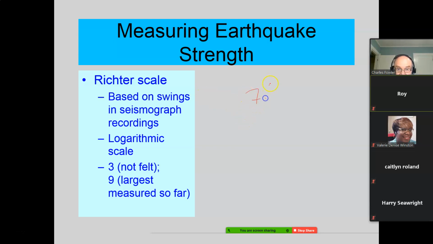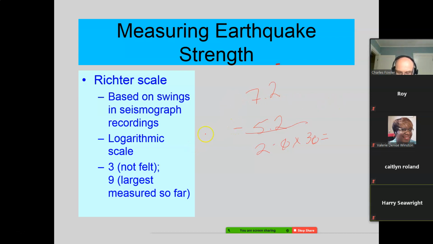Okay, you had a 7.2 on the Richter scale, compared with an earthquake that was 5.2. And it's asking about the energy difference. Well, for every 1 unit that it goes up, that's a factor of 30. This goes up by 2 units because the difference between those two is 2. Multiply that by 30 and you get, no, I'm sorry. It's 900. You raise it to the power of 30.